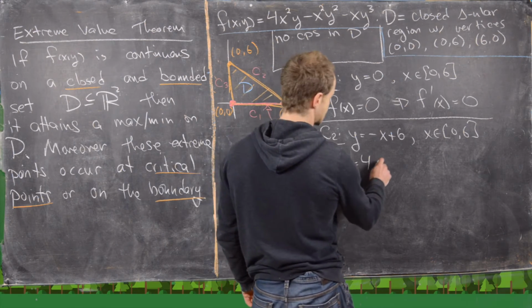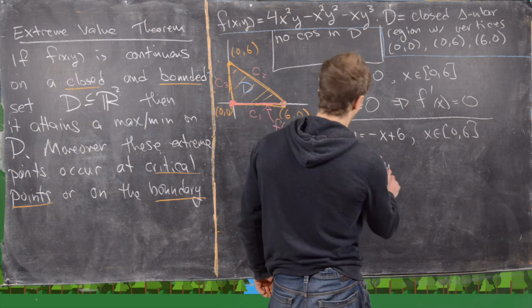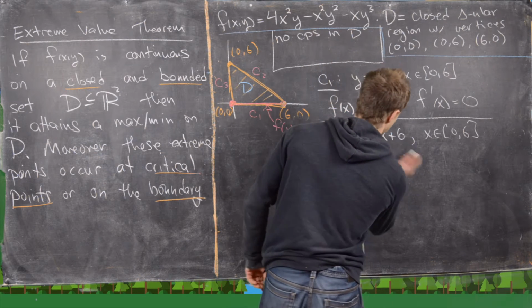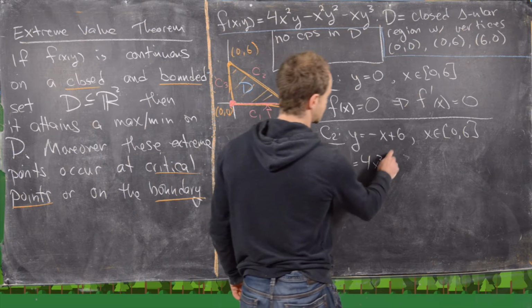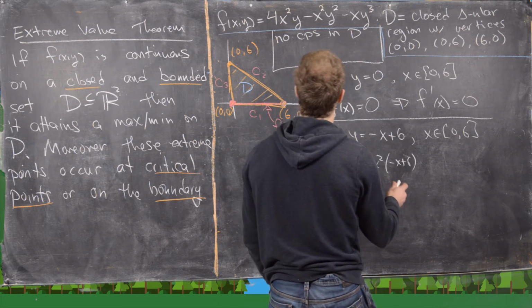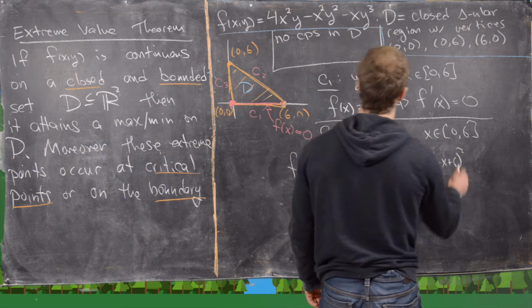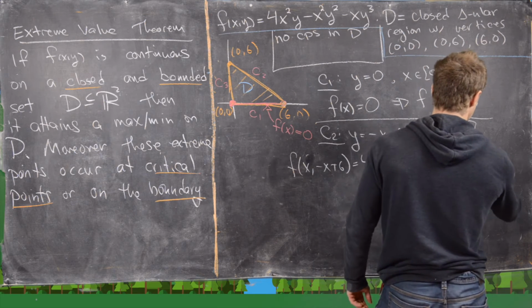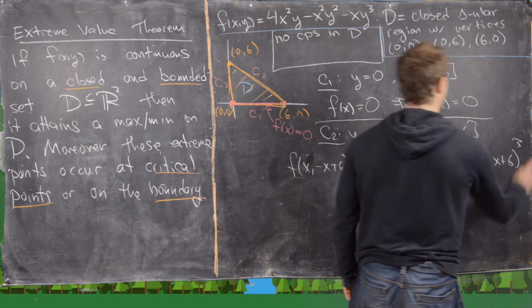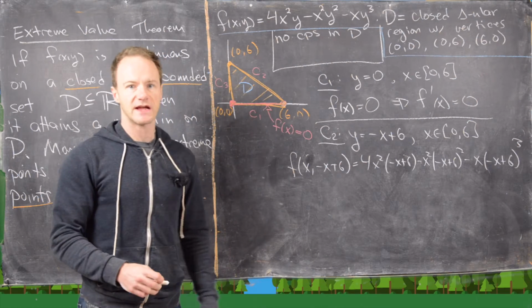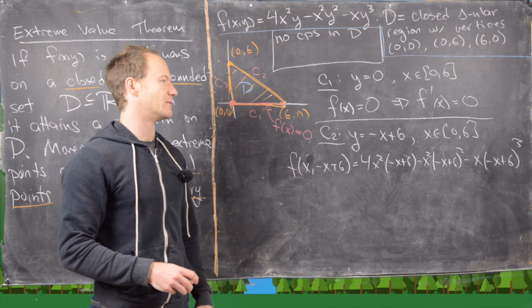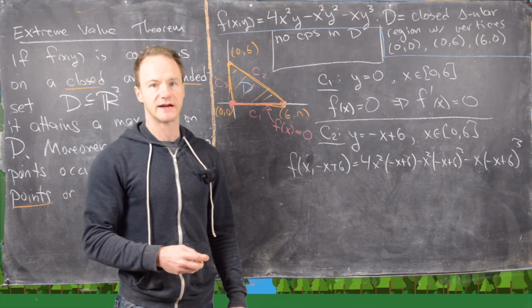So in other words, it's 4x squared minus x plus 6, plus x minus x squared, minus x plus 6 squared, and then finally minus x plus 6 cubed. And then it's fairly elementary to multiply that out and combine all like terms.